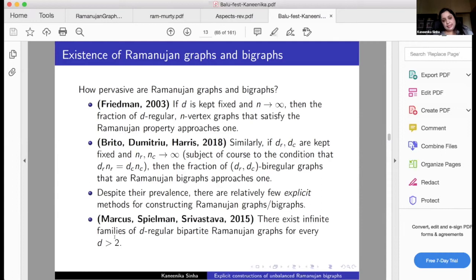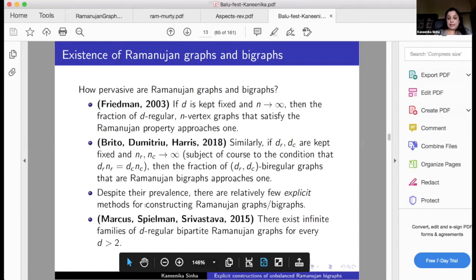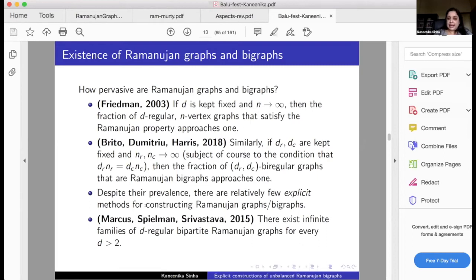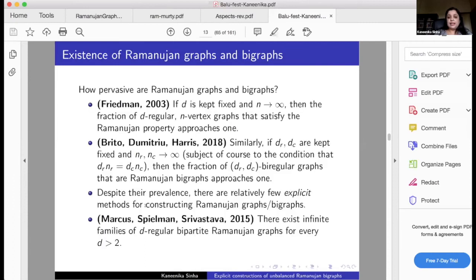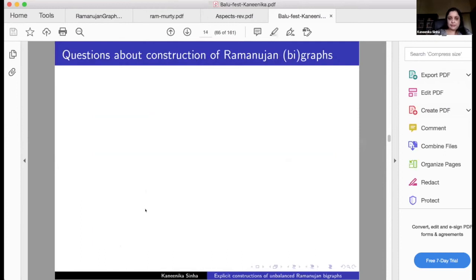Here we should also recall one of the most celebrated theorems in recent times by Marcus, Spielman, and Srivastava in 2015, which says that for any d greater than 2, there exist infinite families of d-regular bipartite Ramanujan graphs. So this again brings us back to the question of specific examples of Ramanujan graphs and bigraphs, and not just one or two examples. We'd like to construct large families of these graphs or bigraphs.